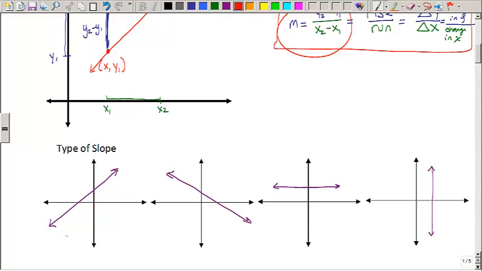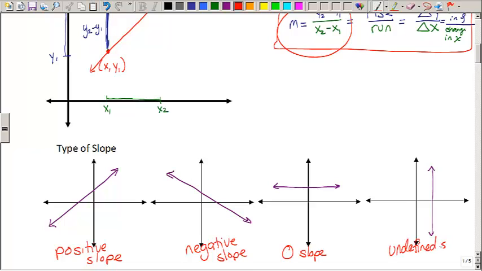My first line, increasing from left to right, tells us that we have a positive slope. If my line is decreasing from left to right, that tells me that I have a negative slope. When I'm staying constant from left to right, that tells me that I have a zero slope. This vertical line has an undefined slope.